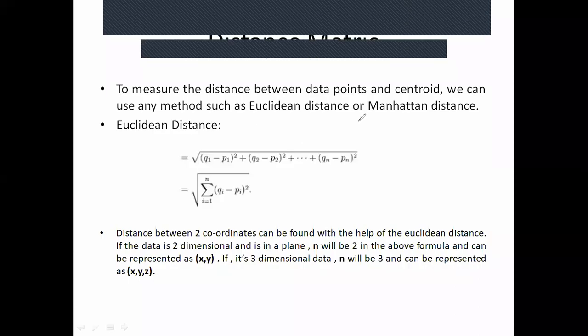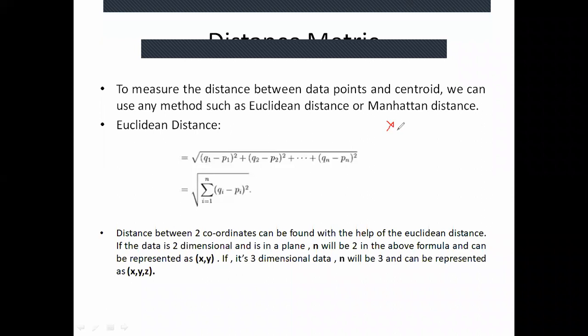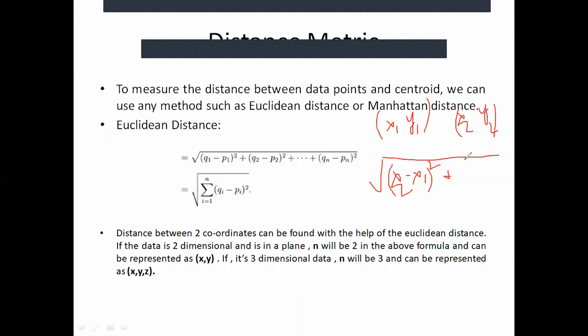If you have two data points, x1, y1 and x2, y2, and you want to find the Euclidean distance between them, the formula is the square root of x2 minus x1 whole square plus y2 minus y1 whole square.